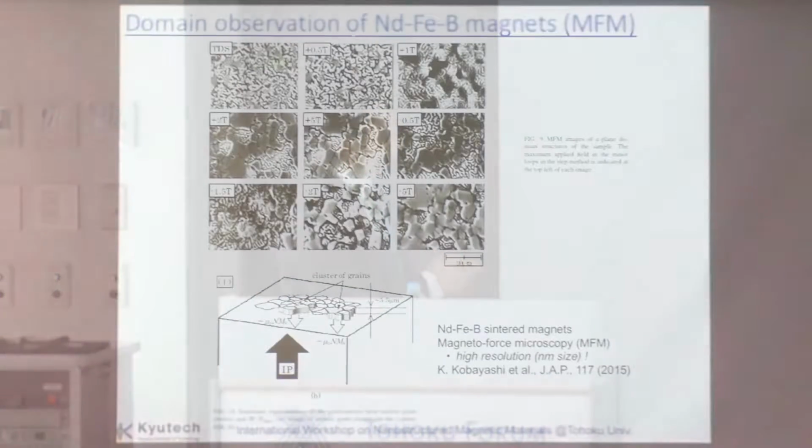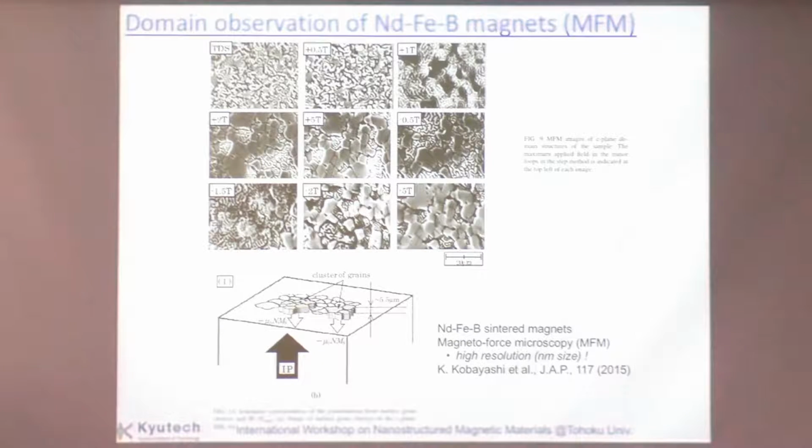MFM is also used to observe the magnetic domain structure of permanent magnets. Professor Kobayashi reported the domain structure and the demagnetization process of the neodymium iron boron sintered magnet.